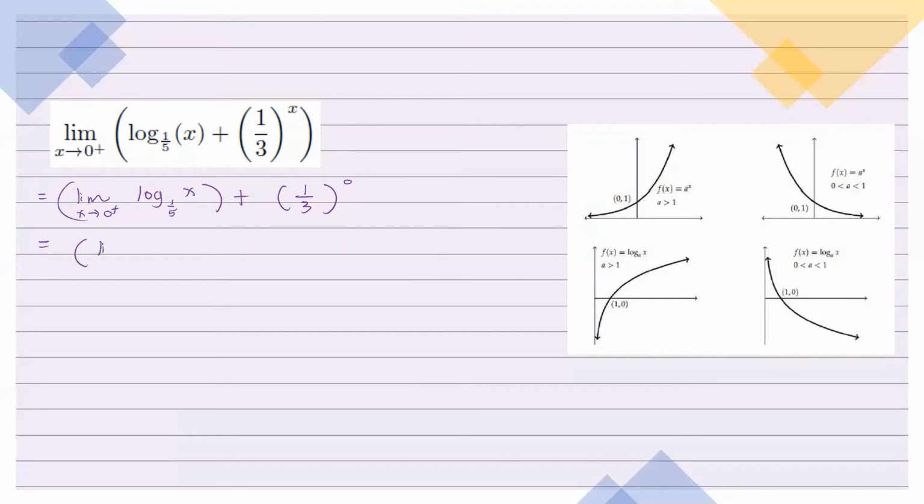So we get the limit as x approaches 0 from the right of logarithm of x to the base 1 over 5, plus 1. Okay, so let us observe the graph of the logarithmic function. 1 over 5, again, if you have a logarithmic and exponential function, compare the base to 1. It is between 0 and 1 o mas malaki sa 1. 1 over 5 is smaller than 1, but it is bigger than 0.